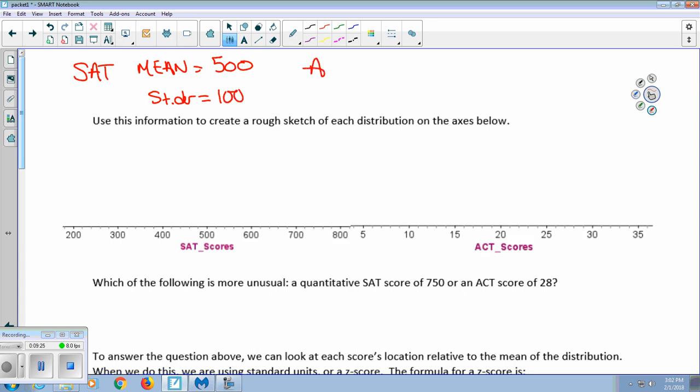For the ACTs, the distribution said that the mean was 21 and the standard deviation was 5. Okay. So they told us that it was a unimodal symmetric distribution.